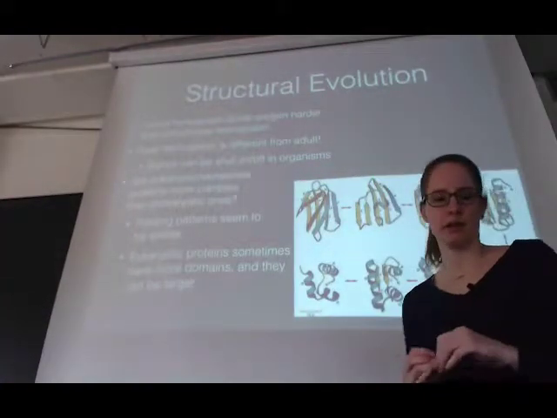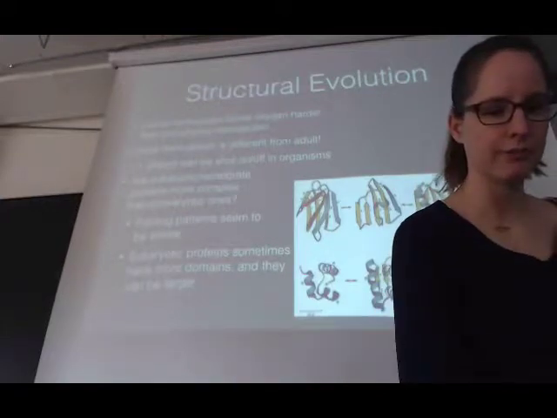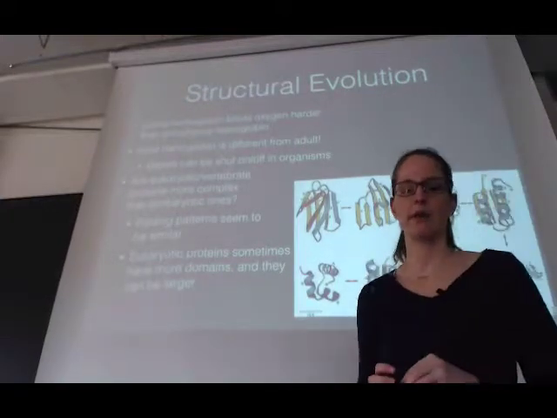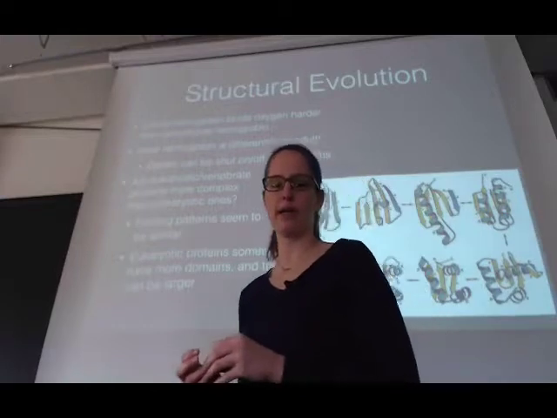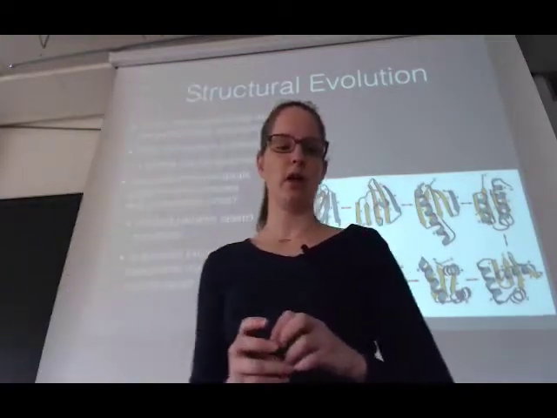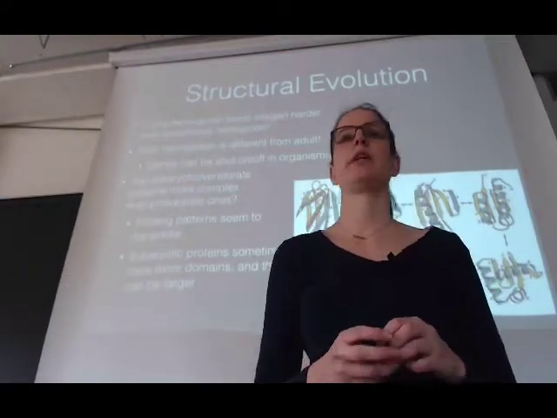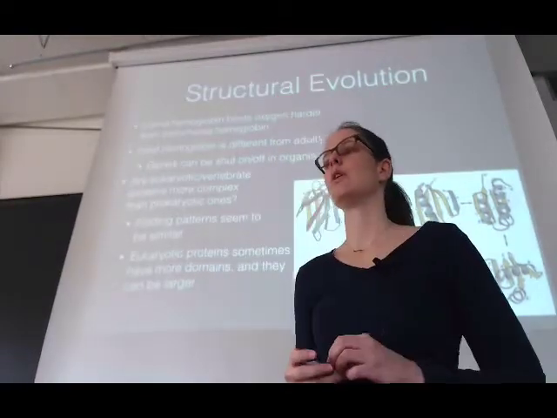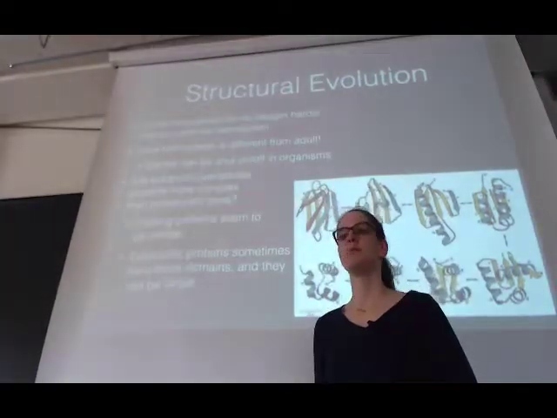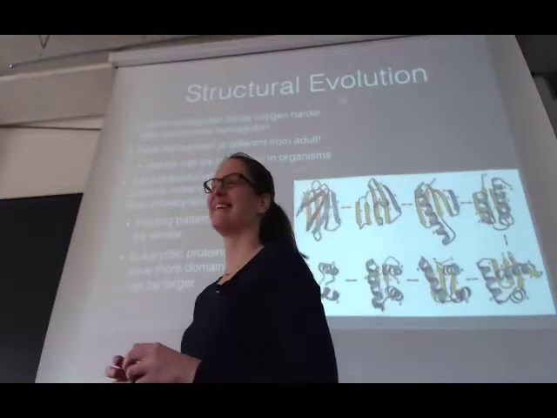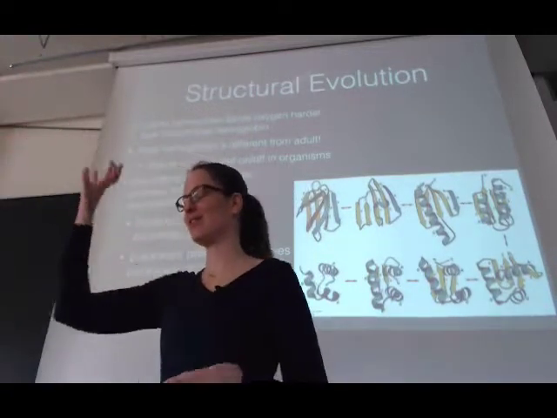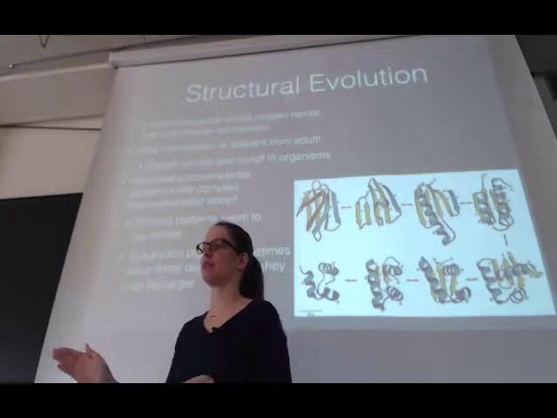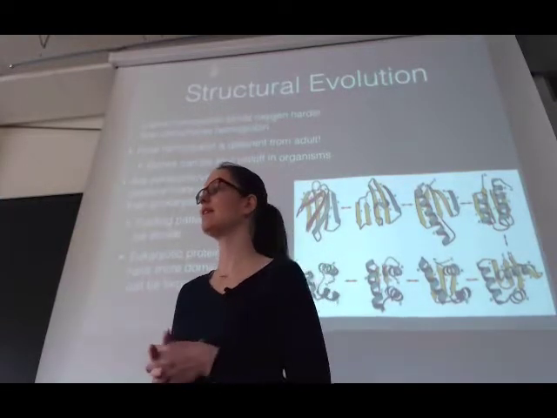And the other thing you might have heard is that eukaryotes can also have more complicated proteins because they can undergo post-translational modification. Have you guys heard this term before? So we go from DNA to RNA to protein, and you guys have stopped at this point, right?